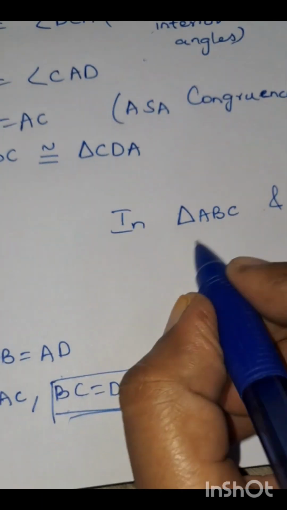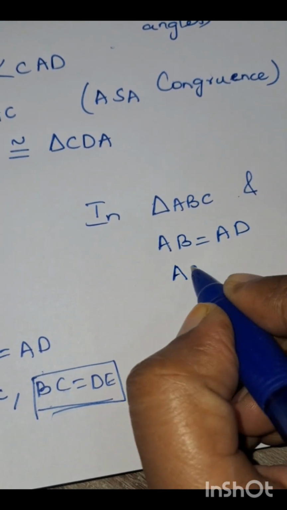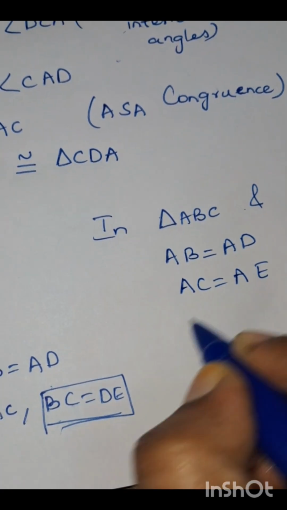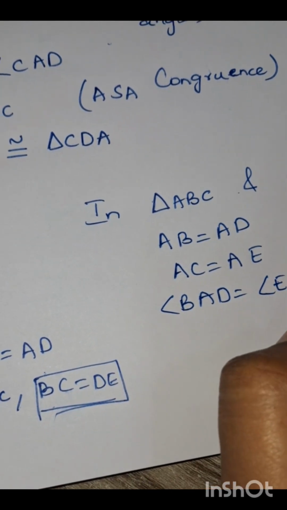So first we'll write that. And also they have given angle BAD is equal to angle EAC.